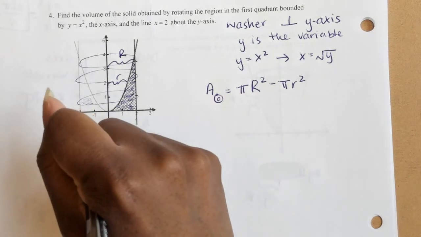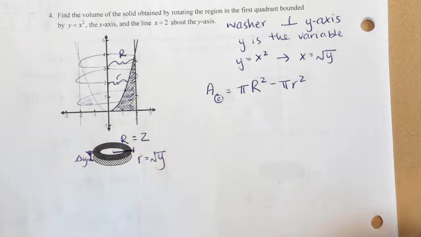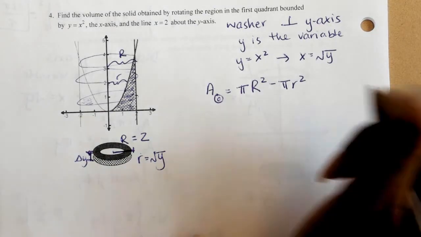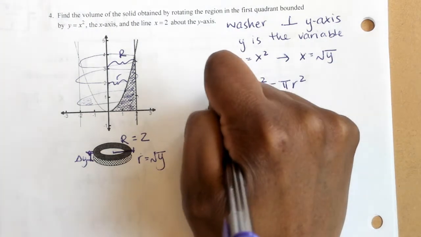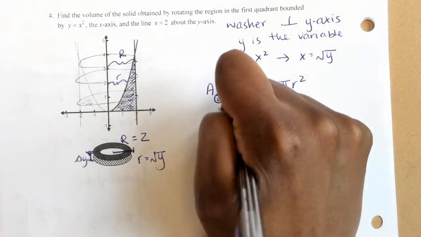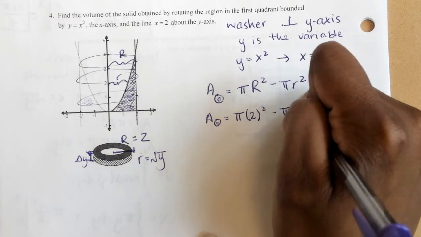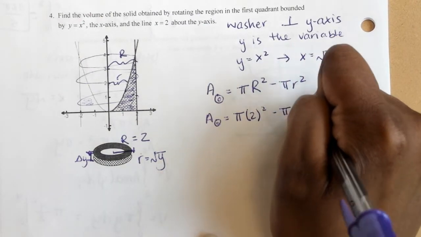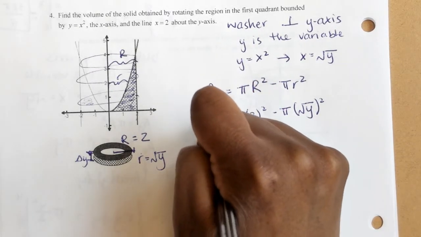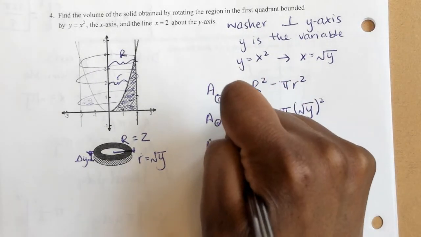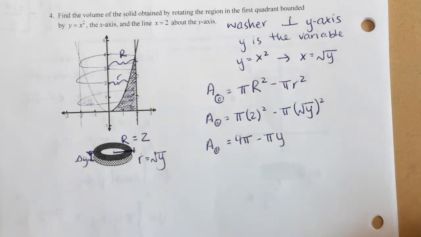And then this space is just delta y, our change in y. So we have the area of our washer is equal to pi 2 squared minus pi root y squared. So the area of our washer is equal to 4 pi minus pi y.